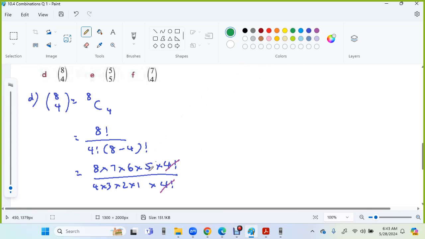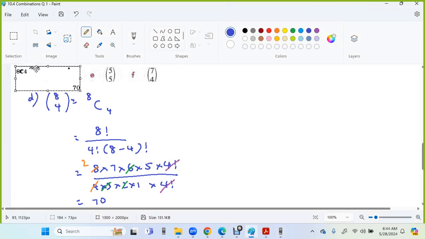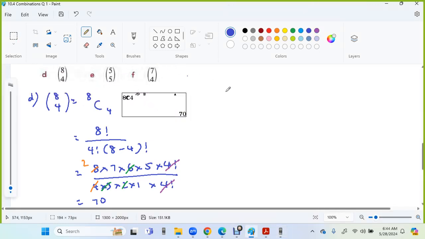And we have the 2 and 3 cancel with the 6, 4 and 2 cancel. Then this will be 70, 2 times 5 is 10. Okay, so we have 8C4 here is 70. Yes, that is correct.